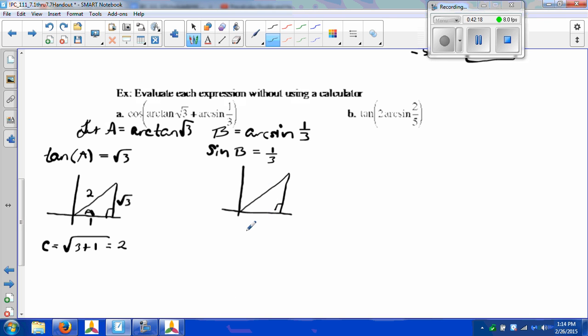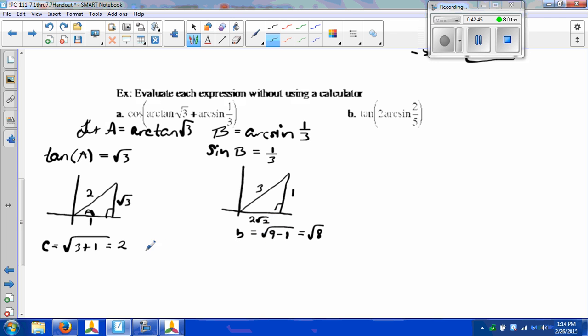Opposite over hypotenuse is 1 and 3. So the other side is the square root of 9 minus 1, so root 8, which is 4 times 2, so 2 root 2.